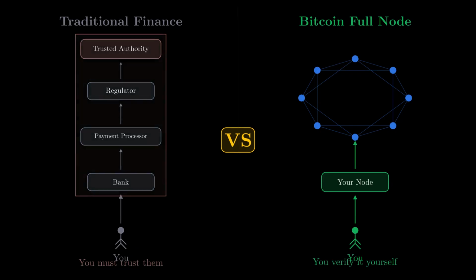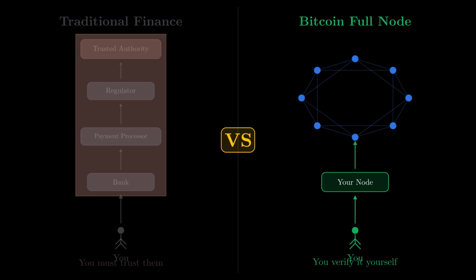No single entity, no company, no government, no developer holds special authority over the network. And that's what decentralization means in engineering terms, not a buzzword. A verifiable structural property. Thousands of independent machines, each running identical verification, each reaching the same conclusion without coordinating.